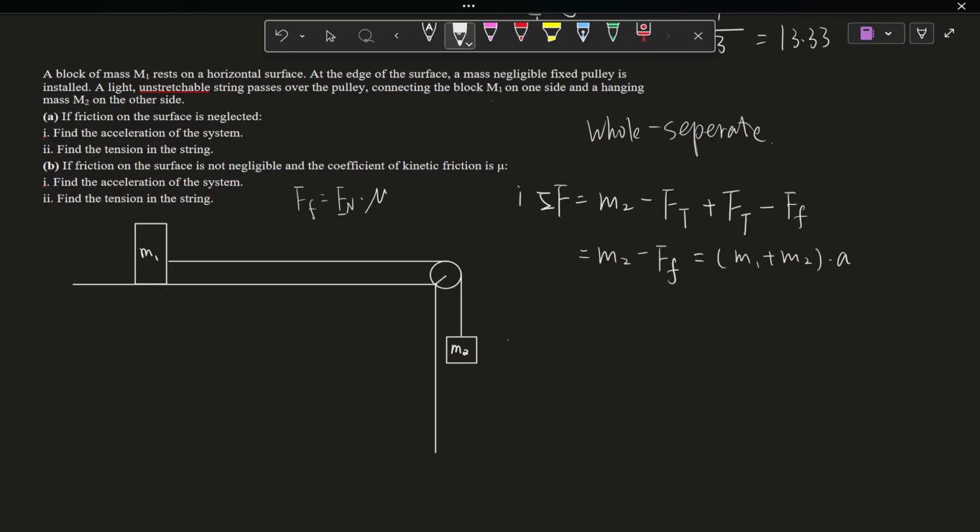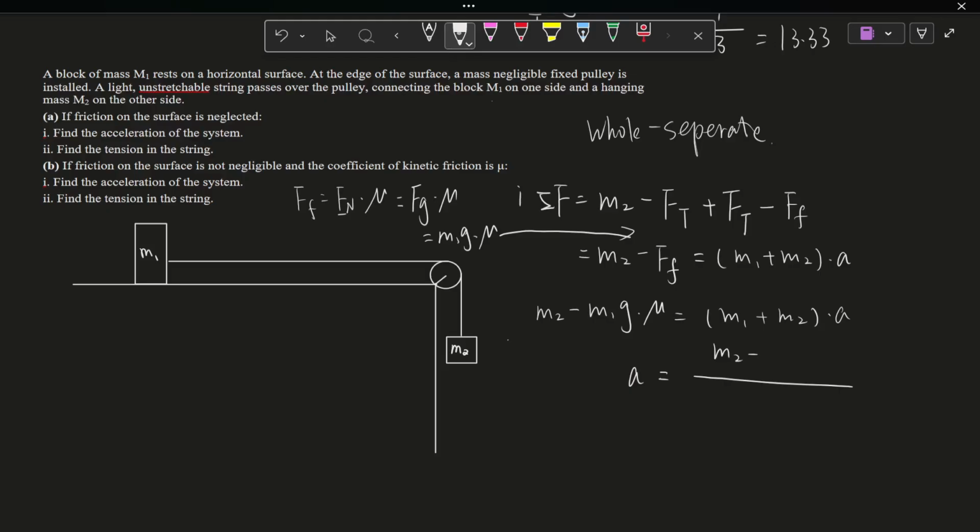So Fn times mu can be written as Fg times mu, which is m1g times mu. Let's plug it into here. Then we get m2g minus m1g times mu is equal to m1 plus m2 times a. And we can get a is equal to m2g minus m1g times mu over m1 plus m2. This is your answer. Not that complicated, right?